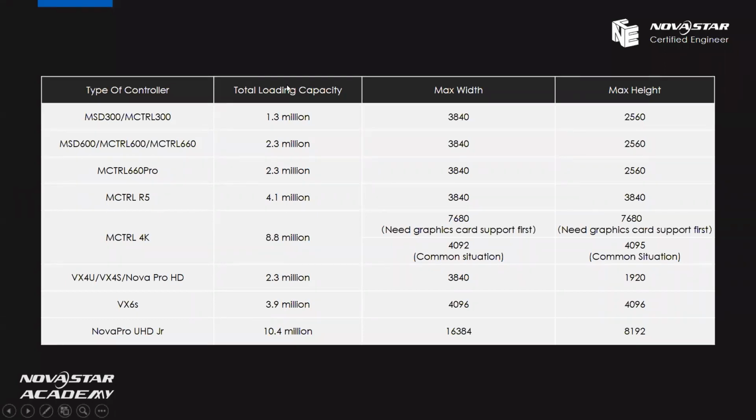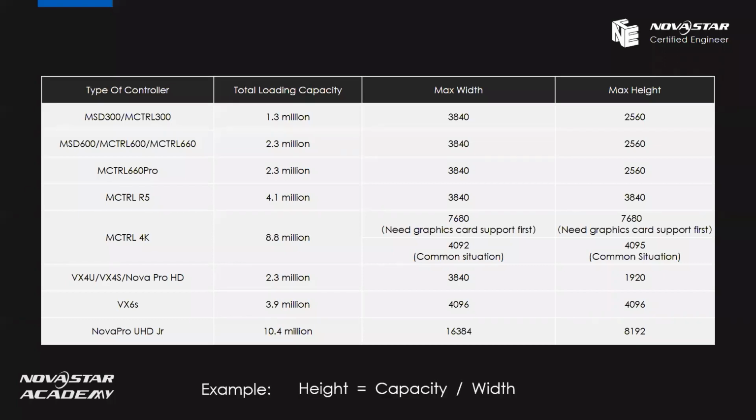Here, imagine we are using the M-Control 300, and we know the loading capacity is 1.3 million pixels and the max width is 3840. So what about the height? Let's check it out.